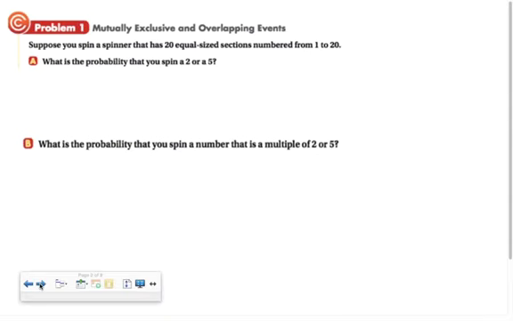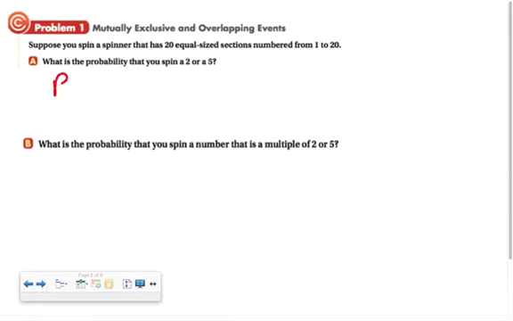So, for example, I have a spinner that has 20 equal-sized sections numbering from 1 to 20. What is the probability that I will spin a 2 or a 5? Well, I can't spin a 2 and a 5, so those events are mutually exclusive.